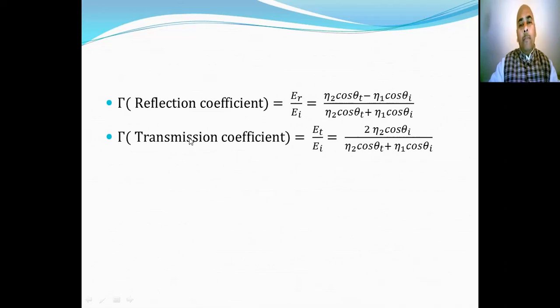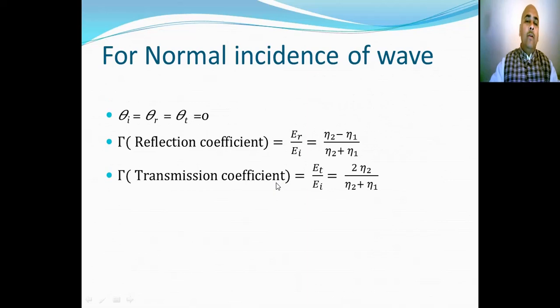Similarly, for a parallel polarized wave, we can obtain the values of the reflection coefficient as well as the transmission coefficient in a similar way. Now, there is a special case when theta_i as well as theta_r as well as theta_t is equal to 0. This is the case of normal incidence of an electromagnetic wave at the interface.